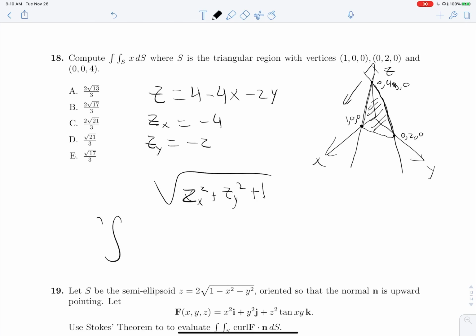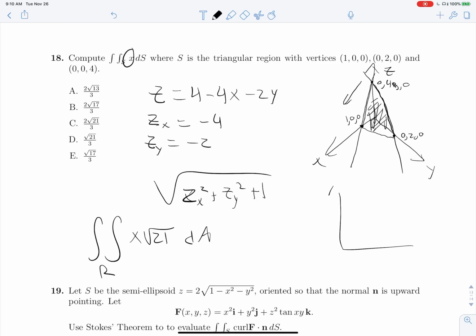So now we have the double integral over R of x root 21. We don't want to forget there is an x sitting up here, dA. And so now we know that we're only looking at the 2D projection of this shape onto the xy plane. And so we can draw that out.